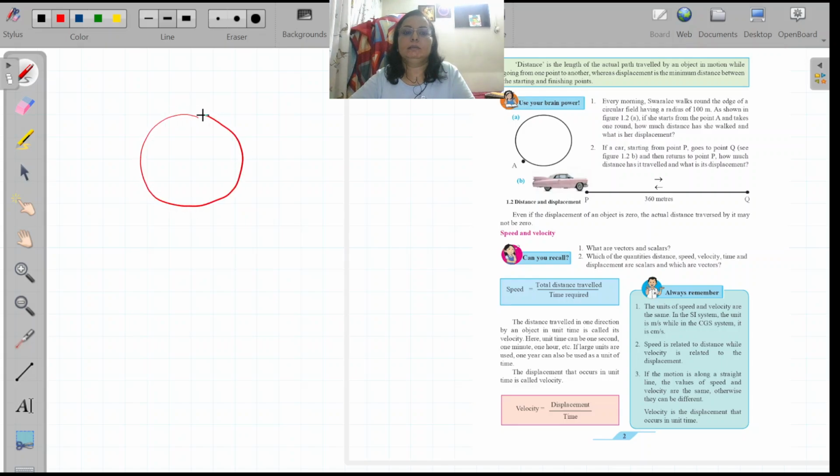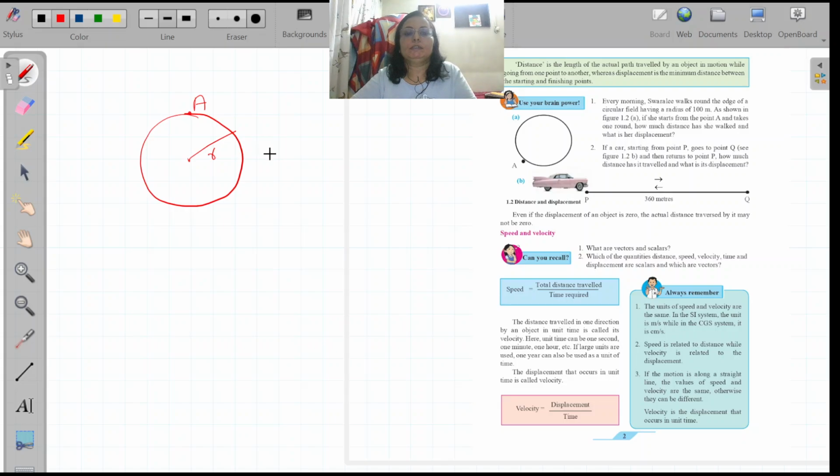Suppose this is a circle and this is a point A. Swirly starts from point A, covers this circle along the perimeter and reaches back to point A. So what is the distance covered by Swirly? The radius is r.